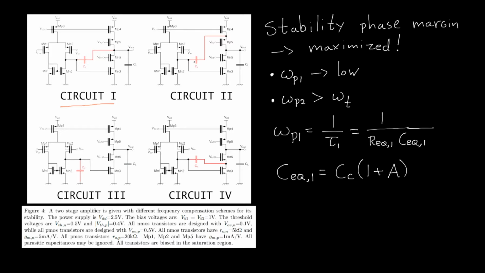If we would have connected it to, for example, the middle point between MP5 and MP4, or the middle point between MN3 and MN5, the voltage gain would be weakened by the intrinsic gain of the cascode transistor. In circuit 3, the capacitance is directly connected to ground, so we don't sense any Miller effect here. So from that we can conclude that circuit 1 should indeed be the correct circuit to choose here.